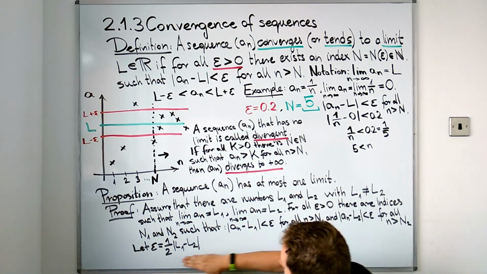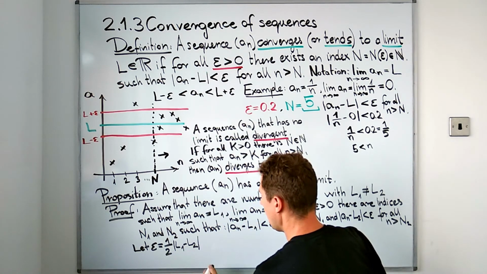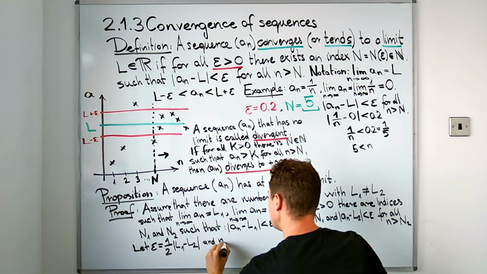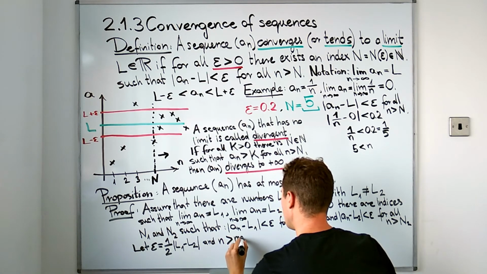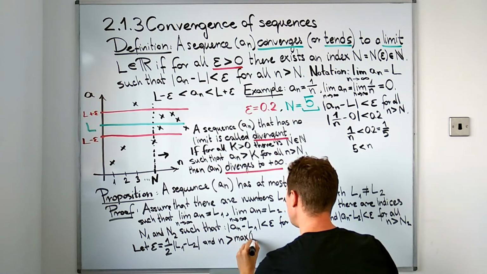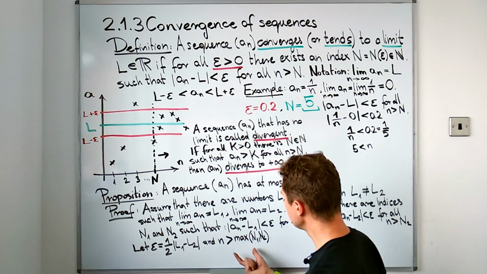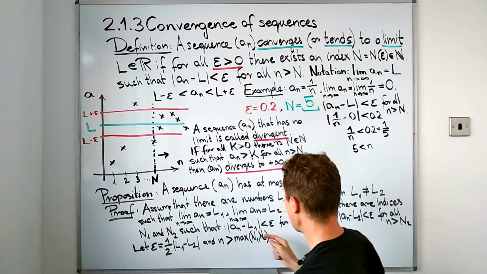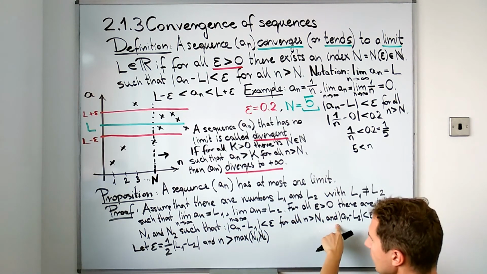Okay, so epsilon is half the absolute value of L1 minus L2, and little n, our index, should be greater than both of these indices, n1 and n2. The reason we pick such an index is to have both of these inequalities be satisfied.